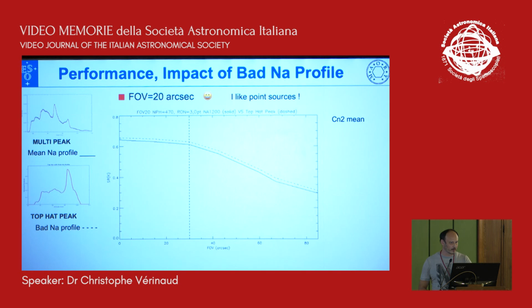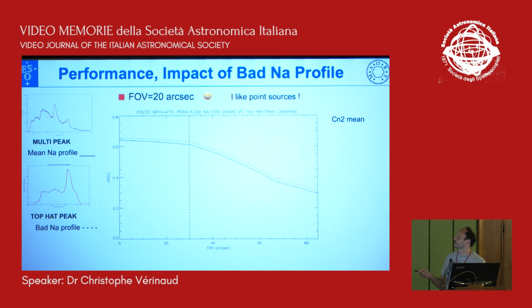And now I will finish with the performance when you have a bad sodium profile. I compare a good sodium profile and a bad sodium profile, with CN square mean. The bad sodium profile is in dashed line.